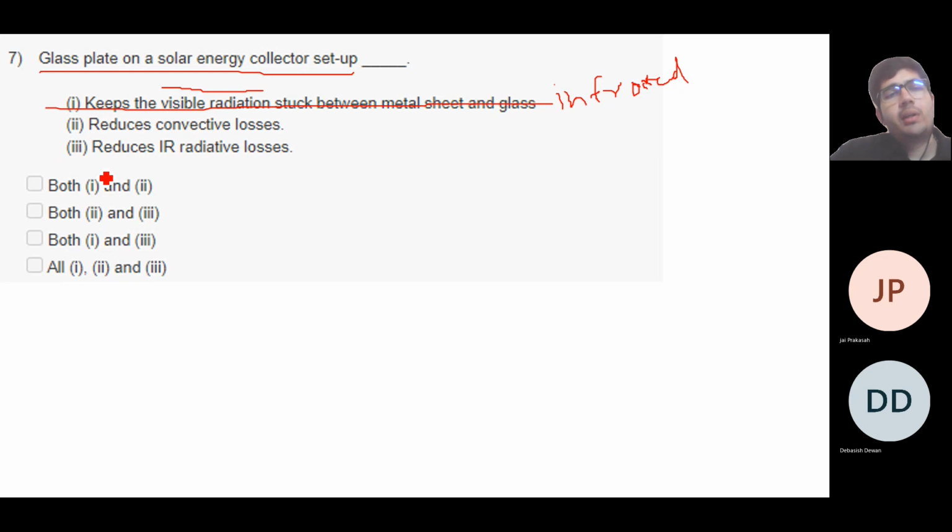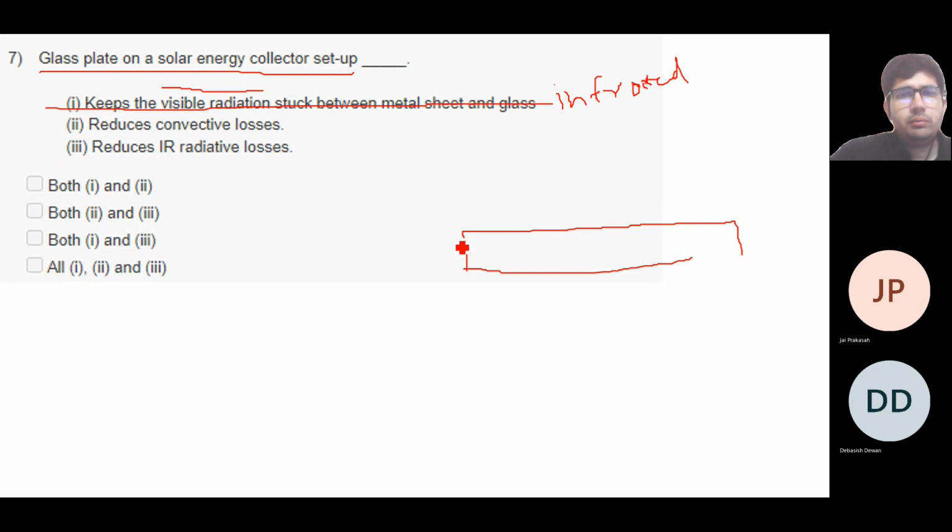The second one is reduce convective losses. Yes, because the glass behaves as an insulation. It eliminates the contact. This was the enclosure, your tubes are there, this is the glass, and water is flowing through these tubes.